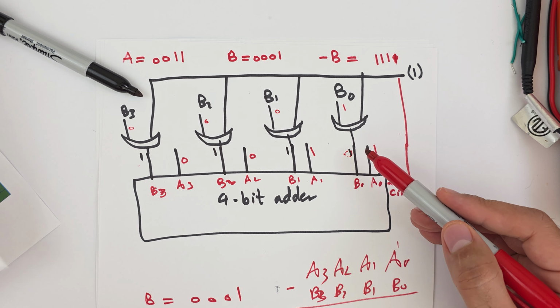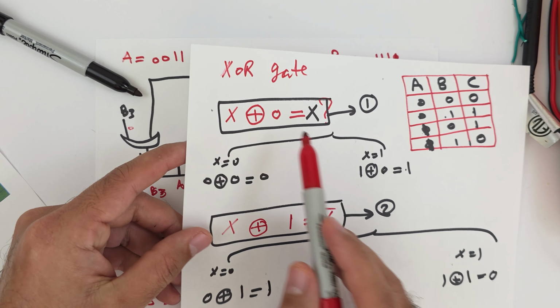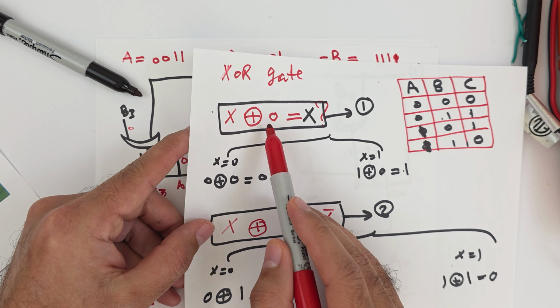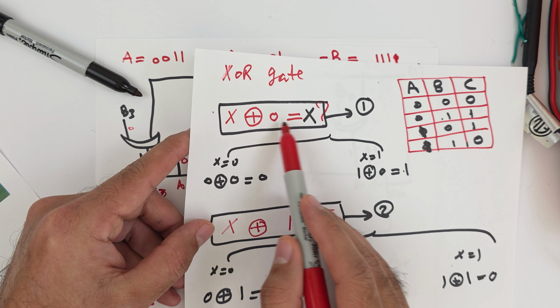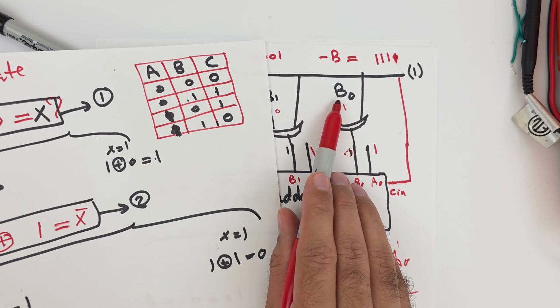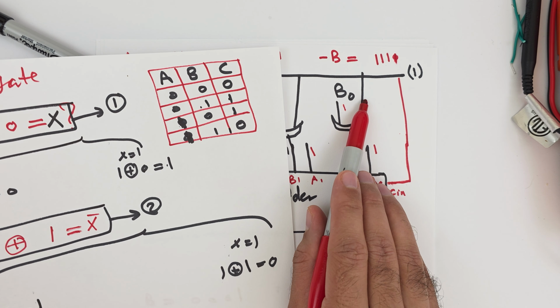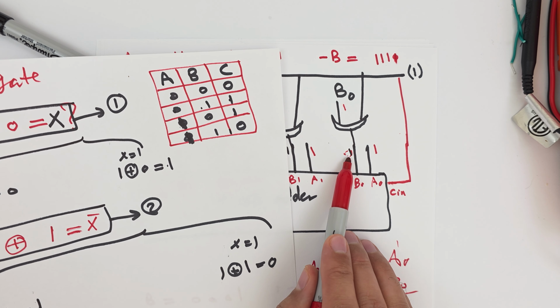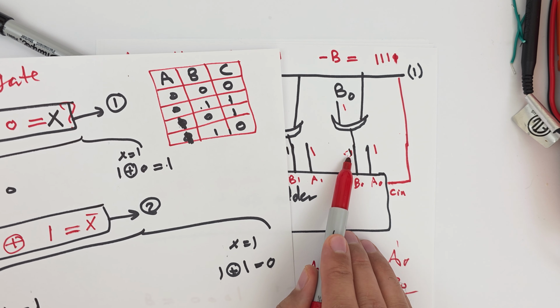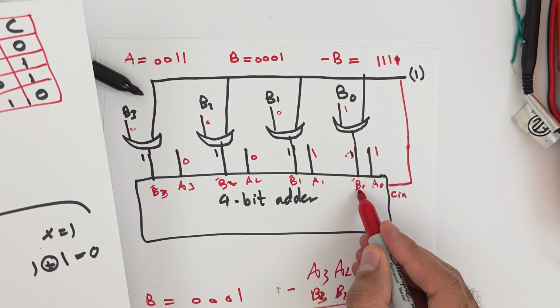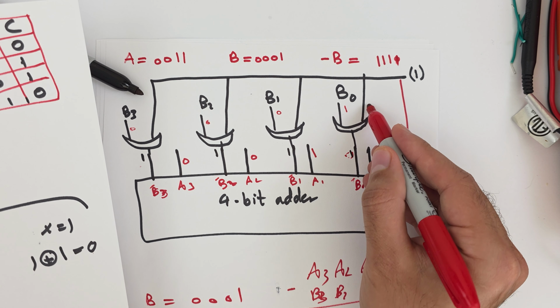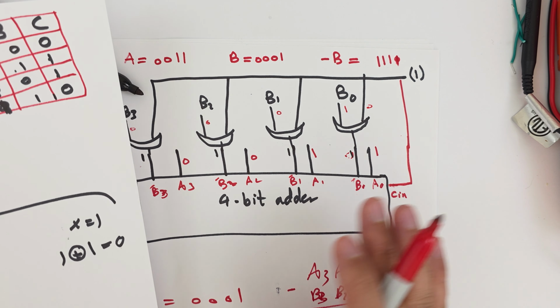Because, do you remember this value? If you put the value XORed with 0, it is going to be the same value. So B0 XORed with 0 is going to be B0. It is not going to be B bar, okay? It is going to be B bar if it is 1. It is going to be B0 if it is 0 here, right? So that is how it works.